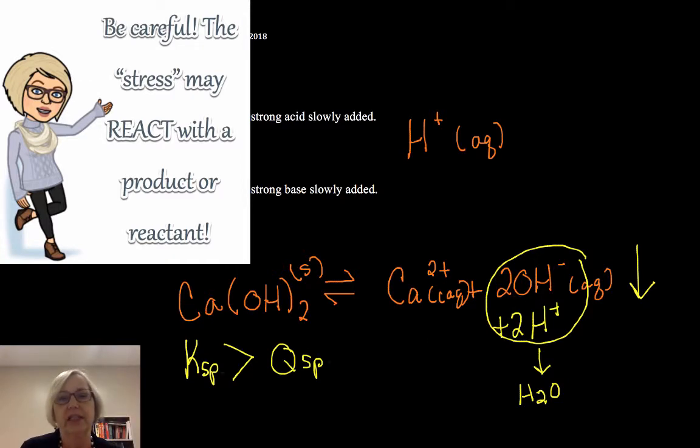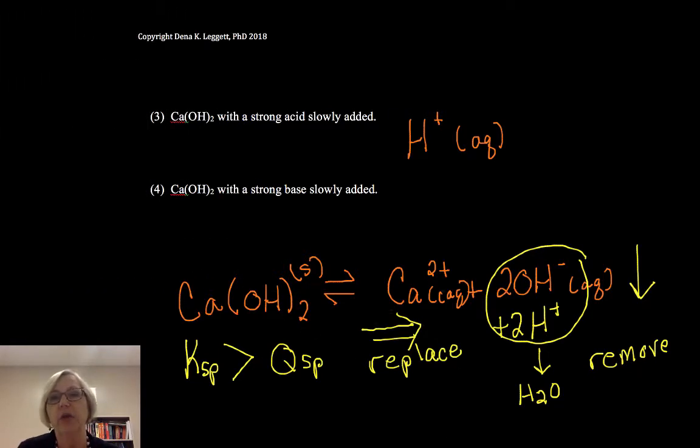And when K is greater than Q, we always shift to the product side. So remember, if you remove, you must replace. So our mass of solid would go down and we'd get more calcium ion. And as we went back to equilibrium, you would increase your hydroxide concentration.